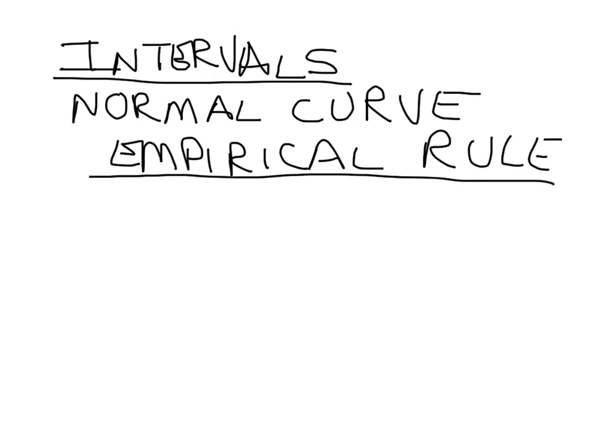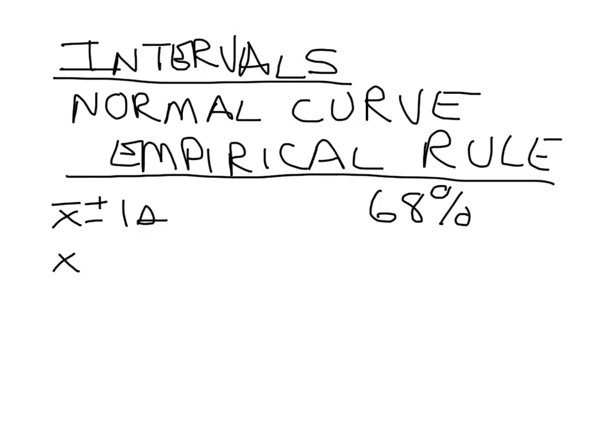And we say, if I set up an interval, x bar plus or minus 1s, and my data follows the normal curve, the bell curve, then I would expect about 68% of the data to fall into that interval.